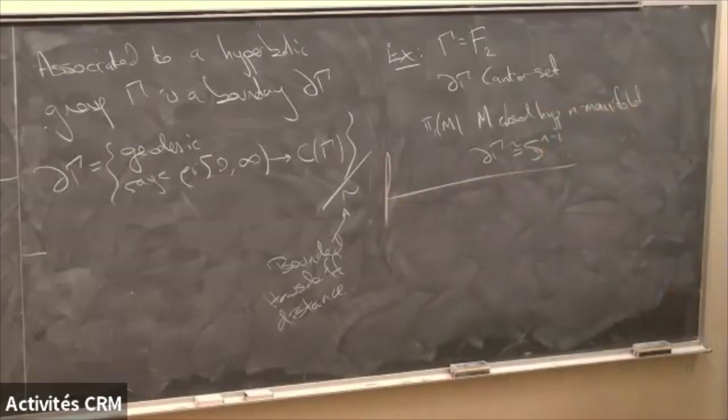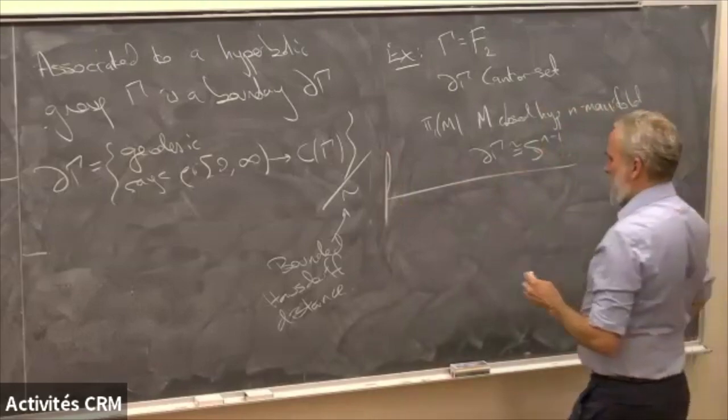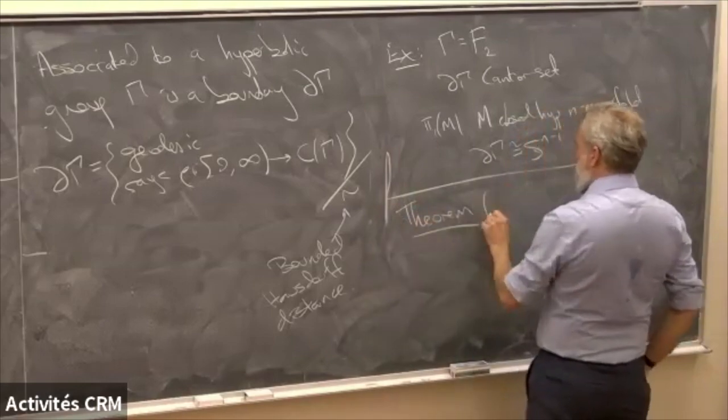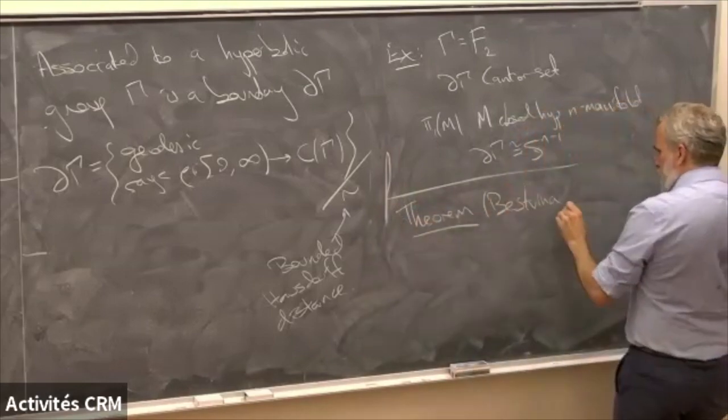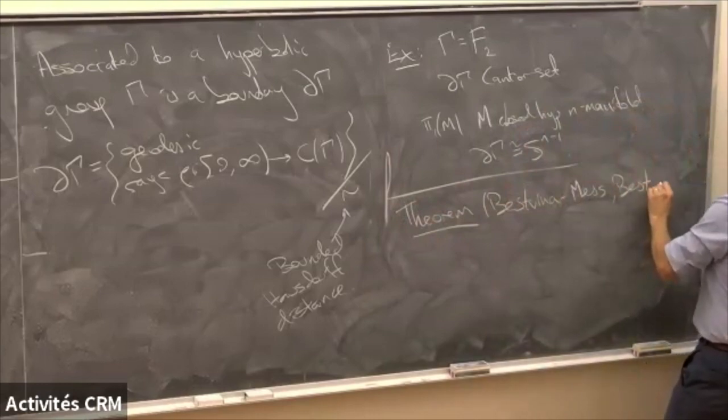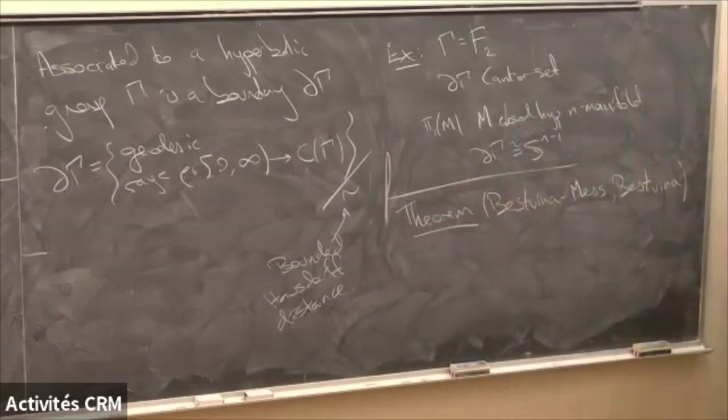Okay, and from the point of view of PD n groups, here's a theorem due to Bestvina and Mess, and Bestvina had a paper making this a little more explicit.